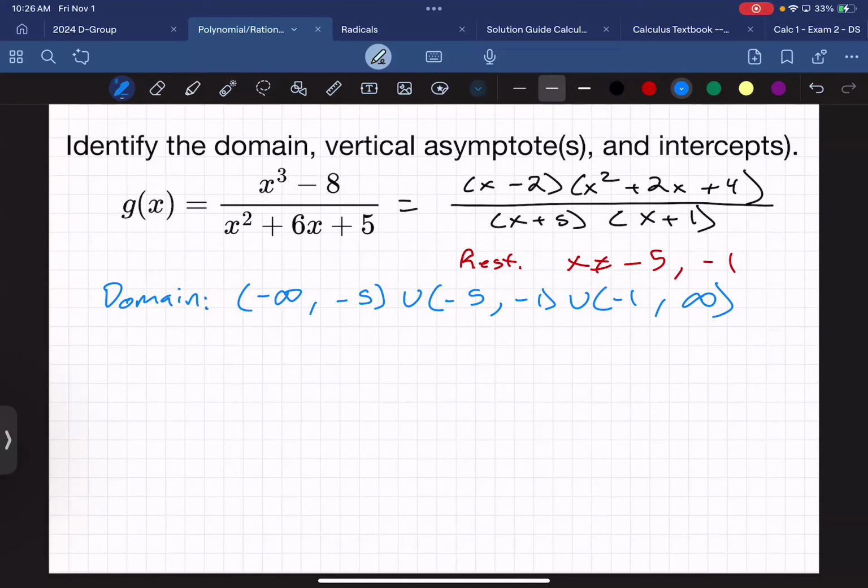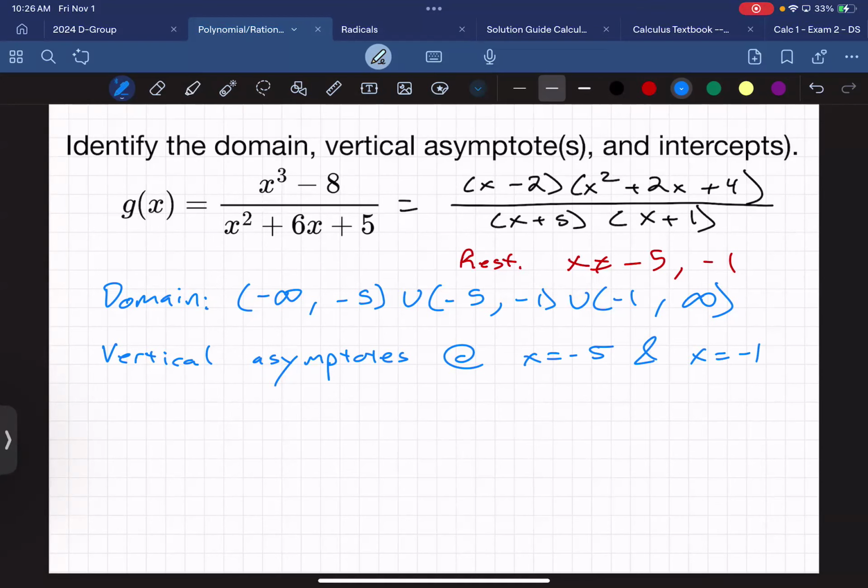All right, we're not done yet though. What should I call those restrictions now since I could not simplify? Right? Since we could not simplify, those will be vertical asymptotes.